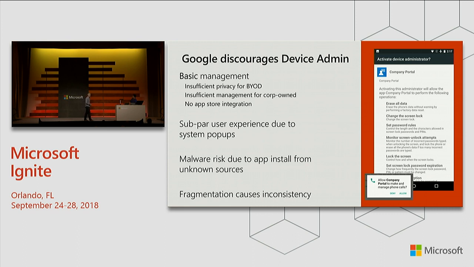That all changes with Android Enterprise. I also talked a little bit about the subpar user experience due to system pop-ups, and we hear this from a lot of our customers, for example with applications again, but also certificate installations. When you push a certificate to a device as an MDM, it's calling APIs in the device that were not designed for administrative use.